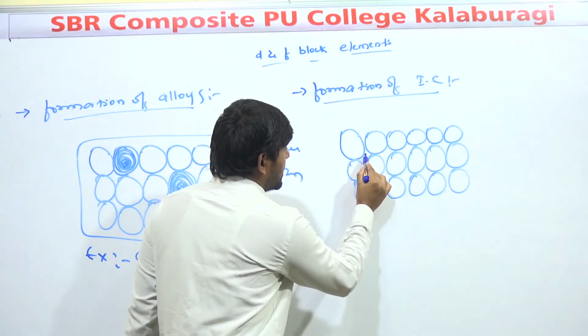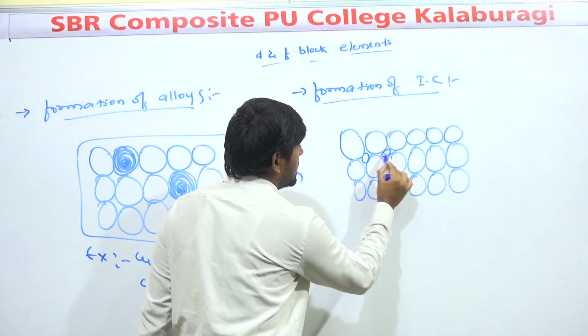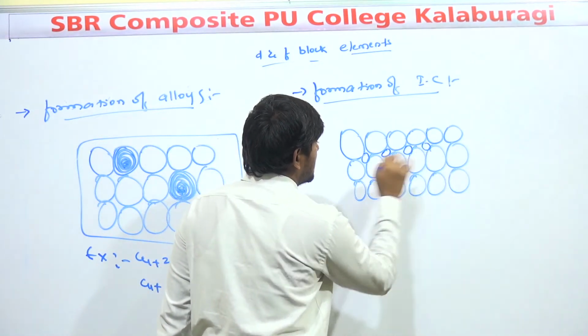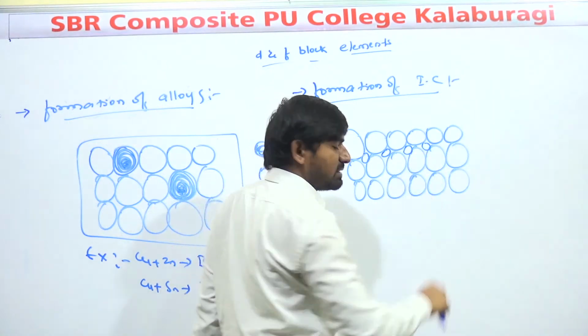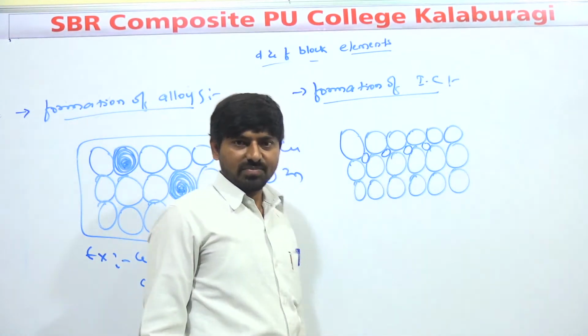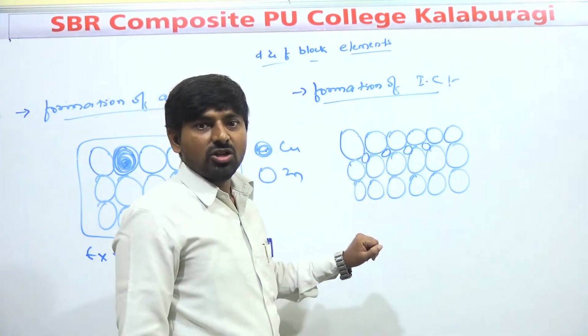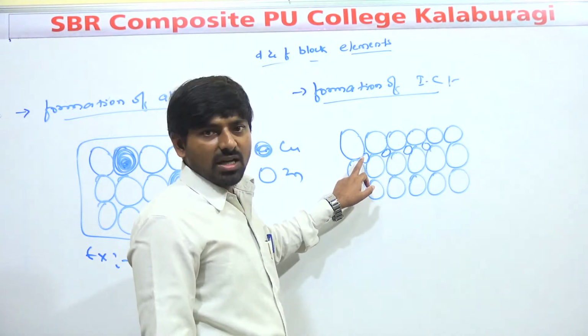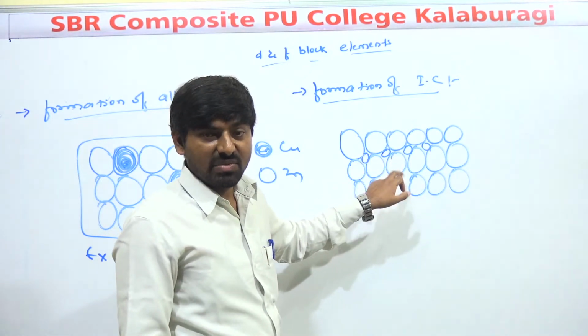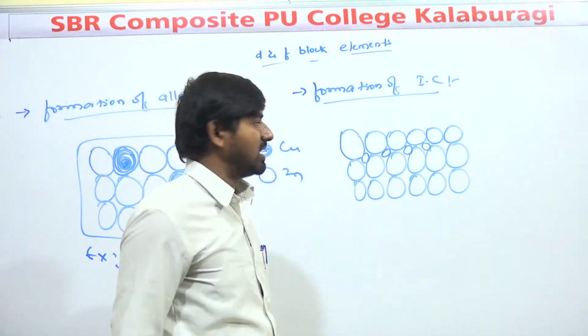In between, you have some small empty spaces. These are the small empty spaces present in this crystal, in this material, which I will call interstitial space, meaning the gap present in the crystal.